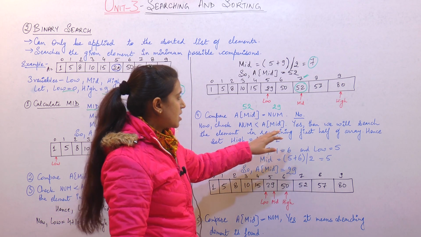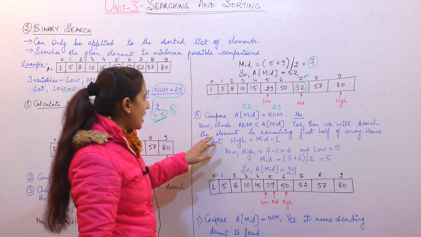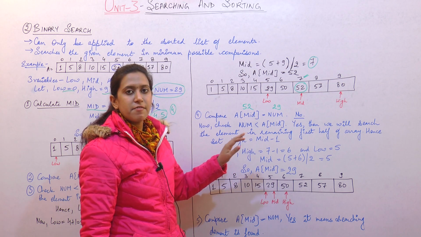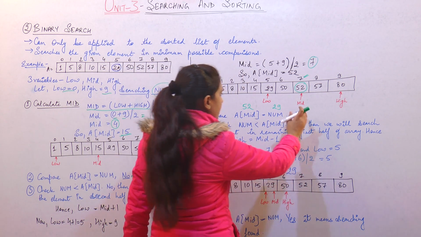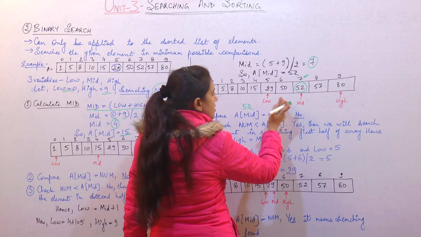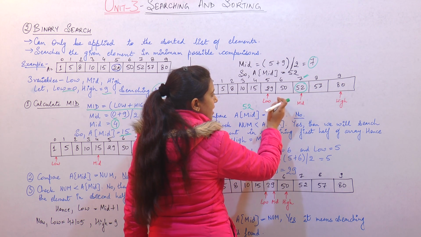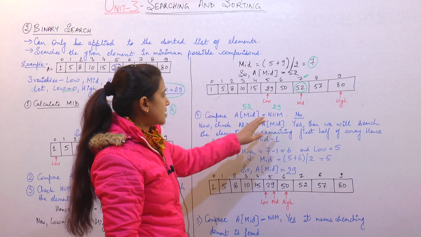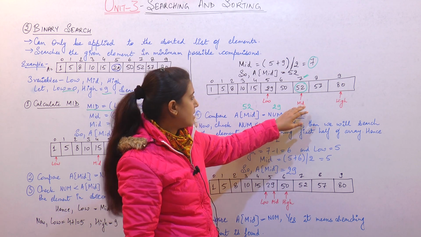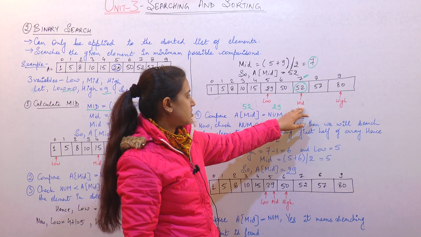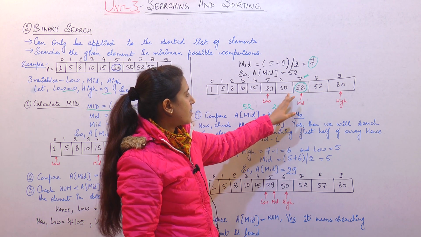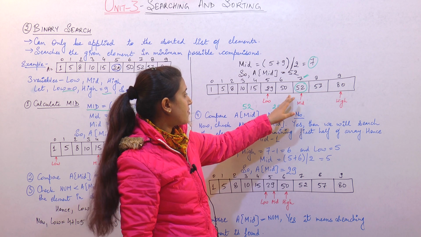That means we will search the element in the first half of the array, between low and mid, before the mid element.